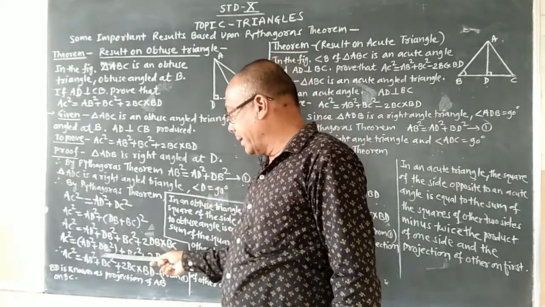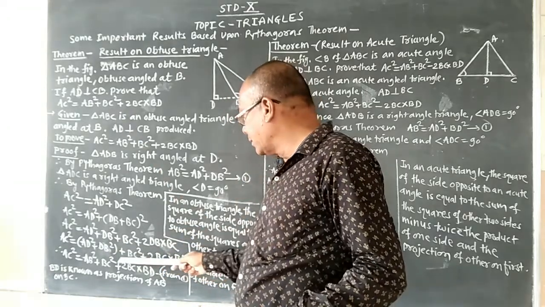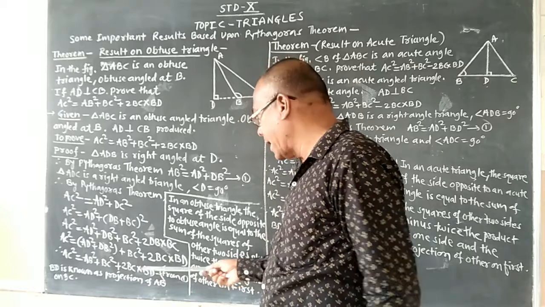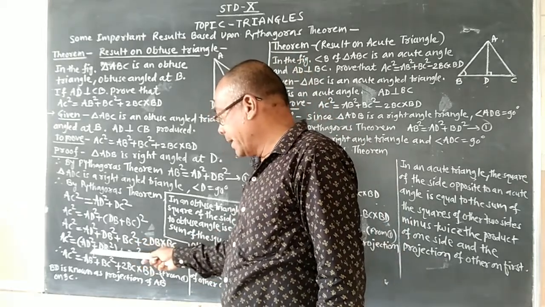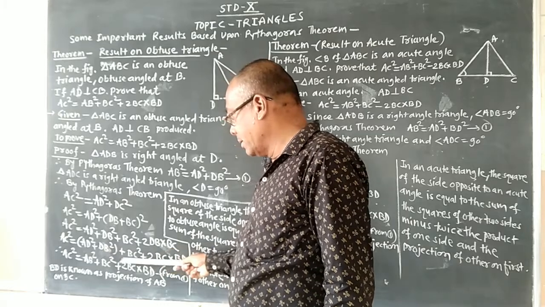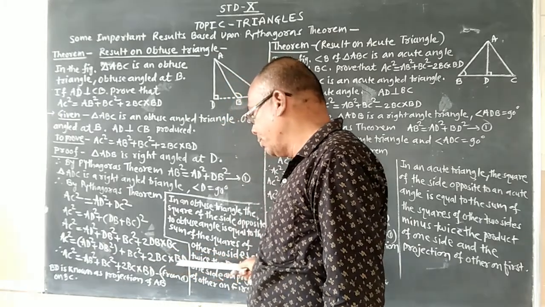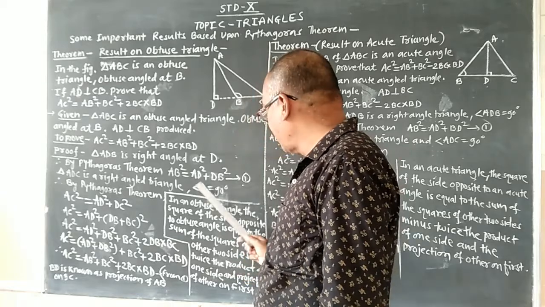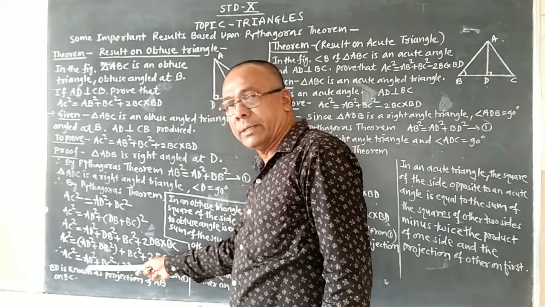So we have to combine AD square plus DB square into a bracket, and write the remaining terms outside the bracket, so that we will get AC square is equal to bracket AD square plus DB square, plus BC square plus 2BC into BD. Here from equation 1, AD square plus DB square is AB square.